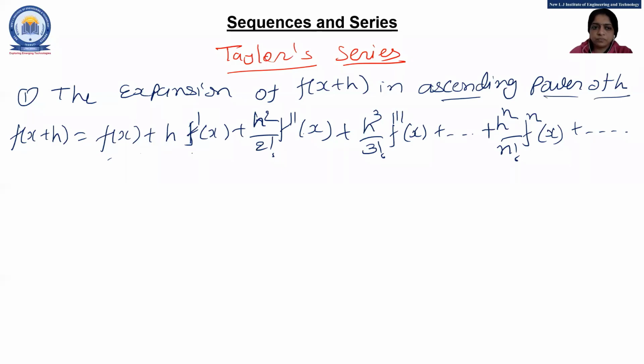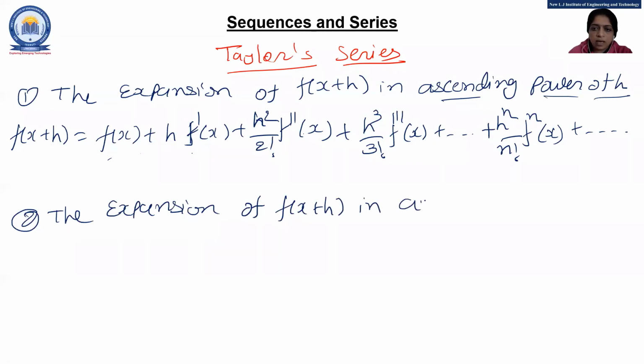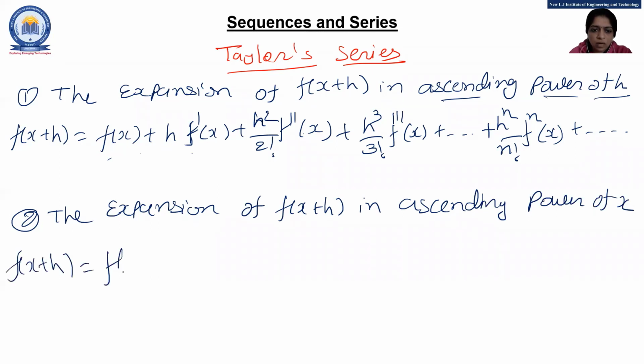Number 2, the expansion of this f of x plus h in ascending power of x. At that time, the given function f of x plus h is equal to f of h. Here, in this formula, we just replace h and x.